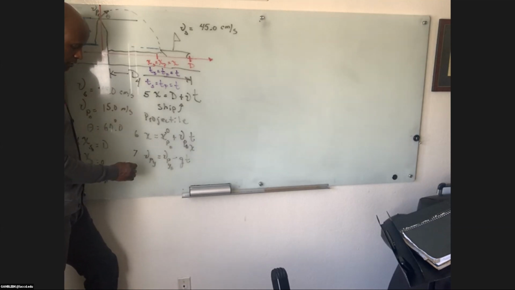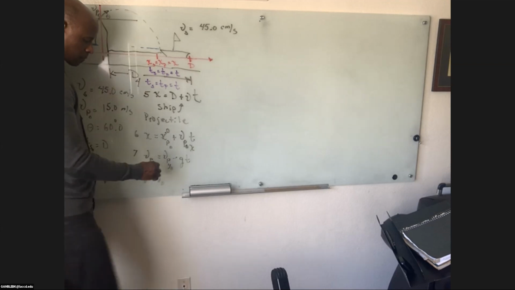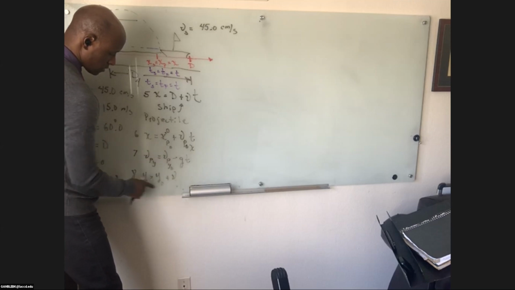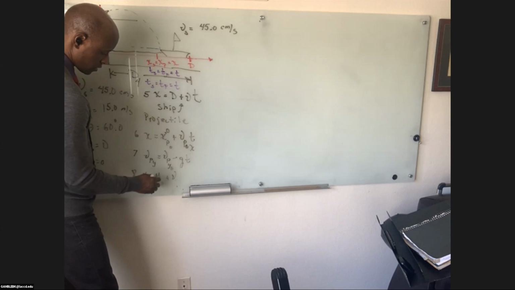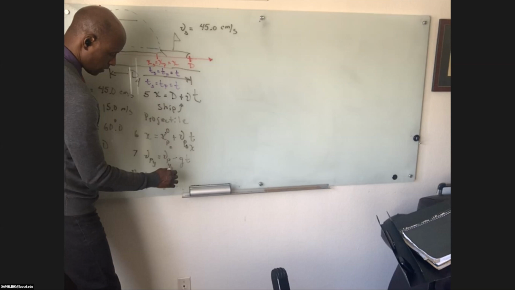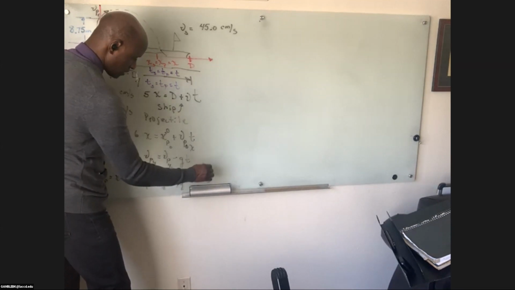And then the y equation, which is the one that I was really using, is y equals y naught plus vy p naught y times t minus g t squared.